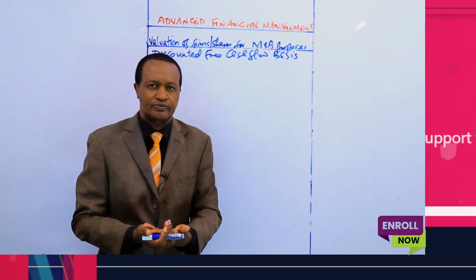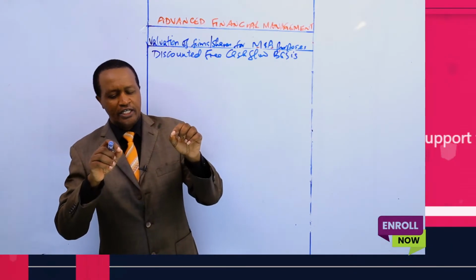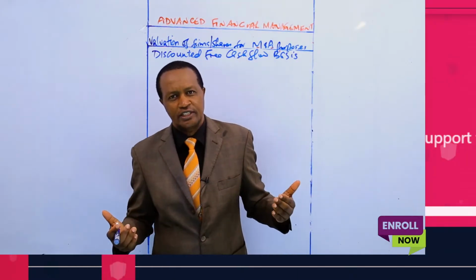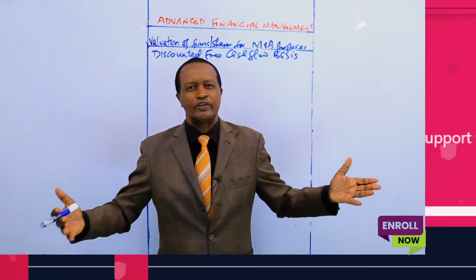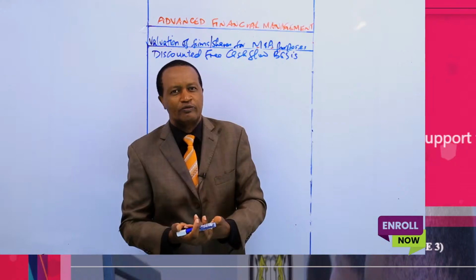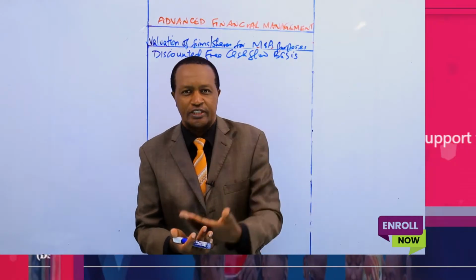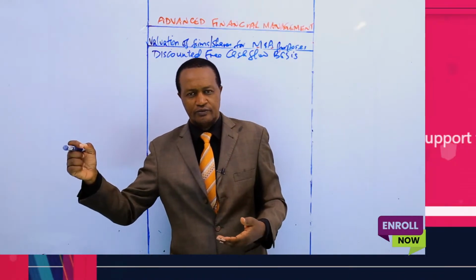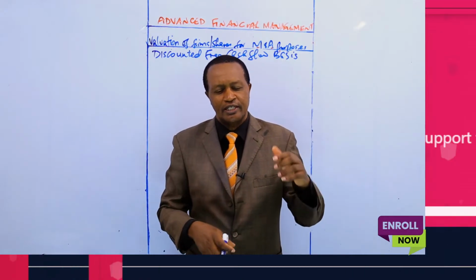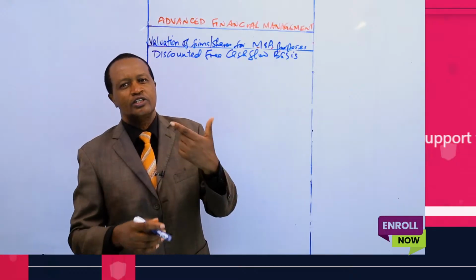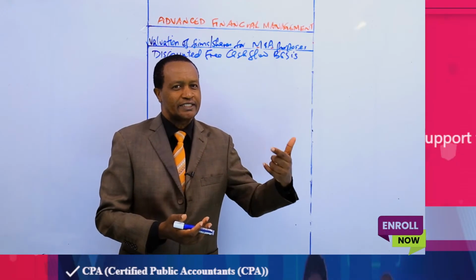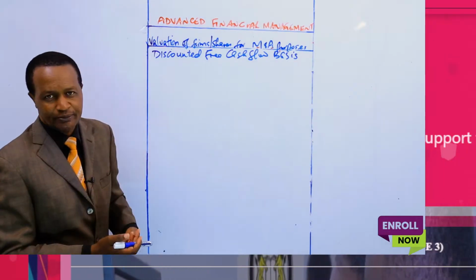The method is based on the principle that the value of a business is the sum of its future cash flows discounted to reflect the time value of money and the risk associated with those cash flows. And in mergers and acquisitions, it's used to determine the price a buyer should be willing to pay for a target company or the price a seller should accept.